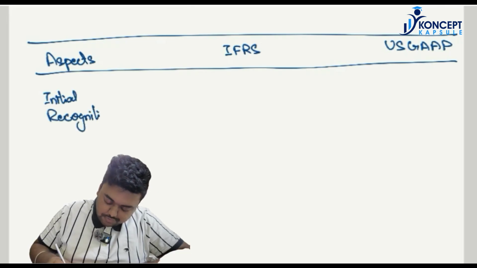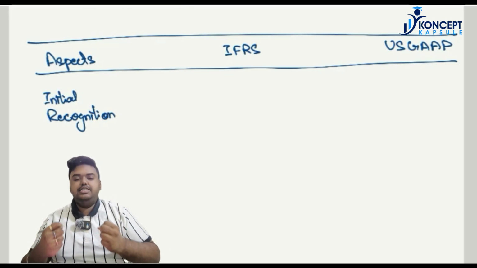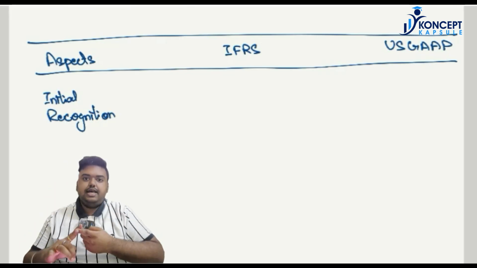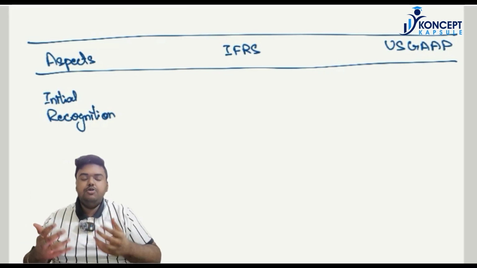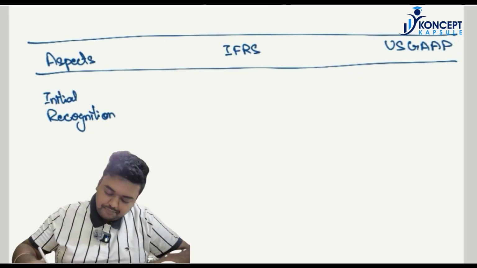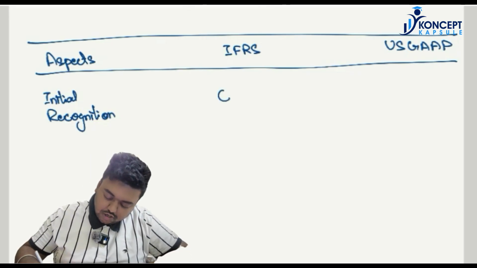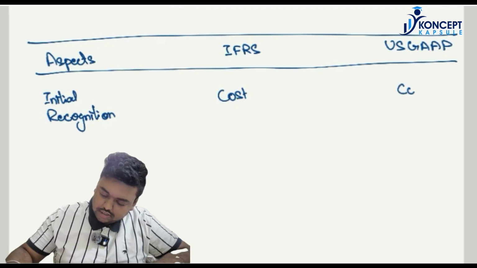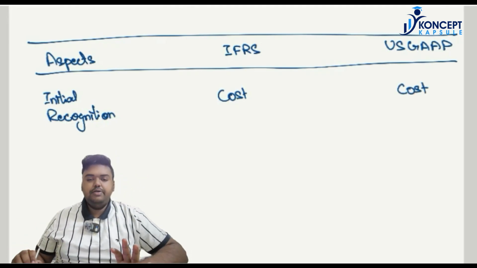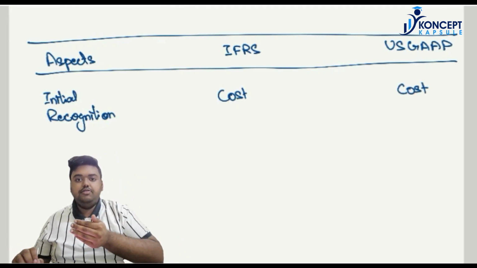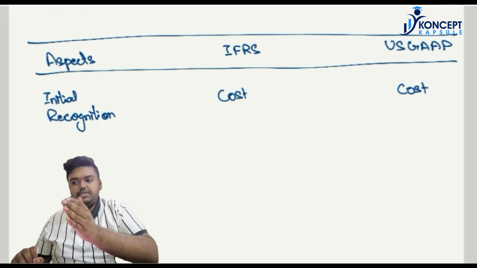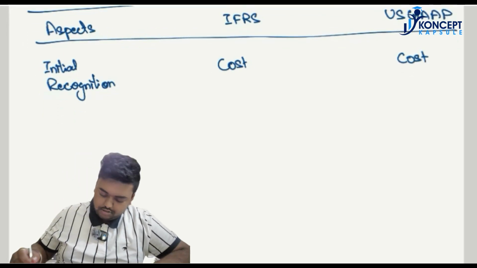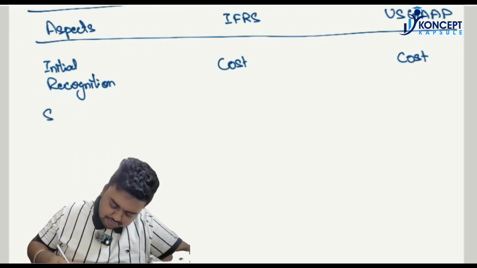Whenever I am purchasing an inventory, the first time that inventory enters the books, what is the treatment? IFRS says that initial recognition is always at cost. US GAAP also says that initial recognition is always at cost. Simple. So the first time inventory is recorded in the books, both say to record it at cost. Then there is subsequent measurement.